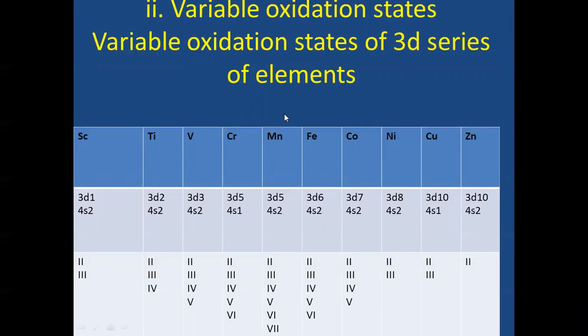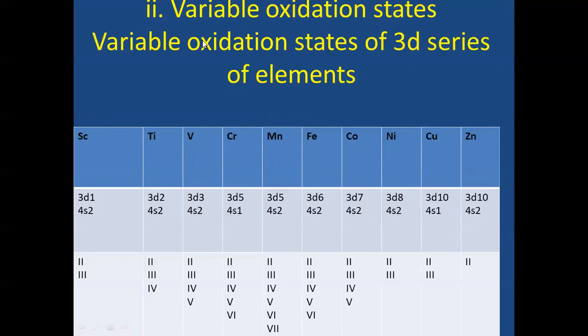D block elements are metals, and you know metals always tend to lose electrons. Non-metals like sulfur, oxygen, chlorine, etc. gain electrons, and a few elements like carbon, silicon, etc. share electrons. Here, these are metals. All elements of the d block are metals, and metals tend to lose electrons.